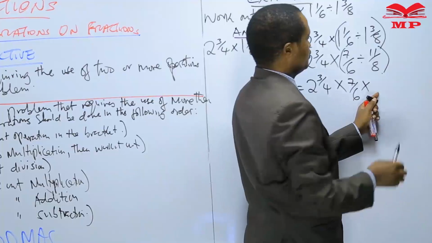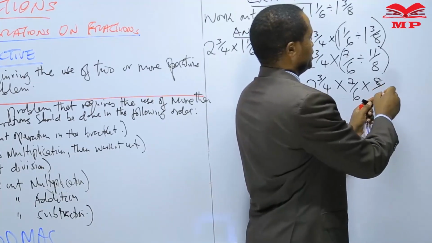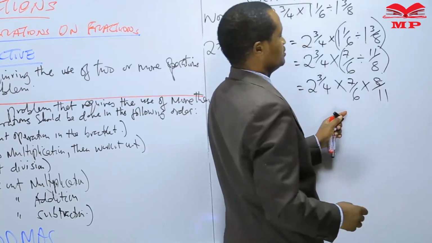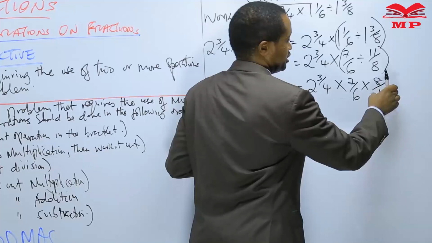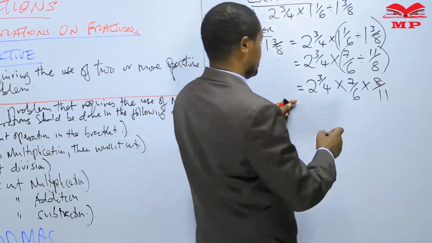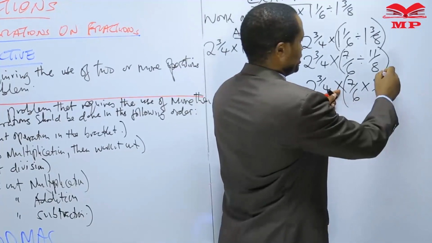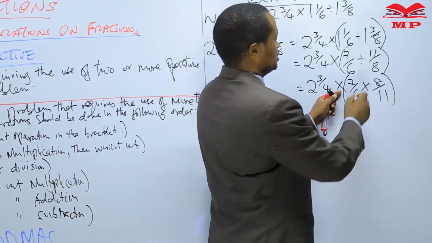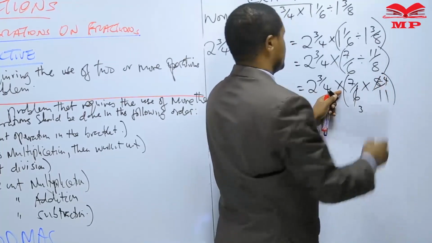The reciprocal of 11/8 is 8/11. So when we introduce this multiplication sign, we apply it on the reciprocal. So we can simplify. Remember, we are working out what is in the bracket first. 2 goes here 3 times, 2 goes here 4 times.